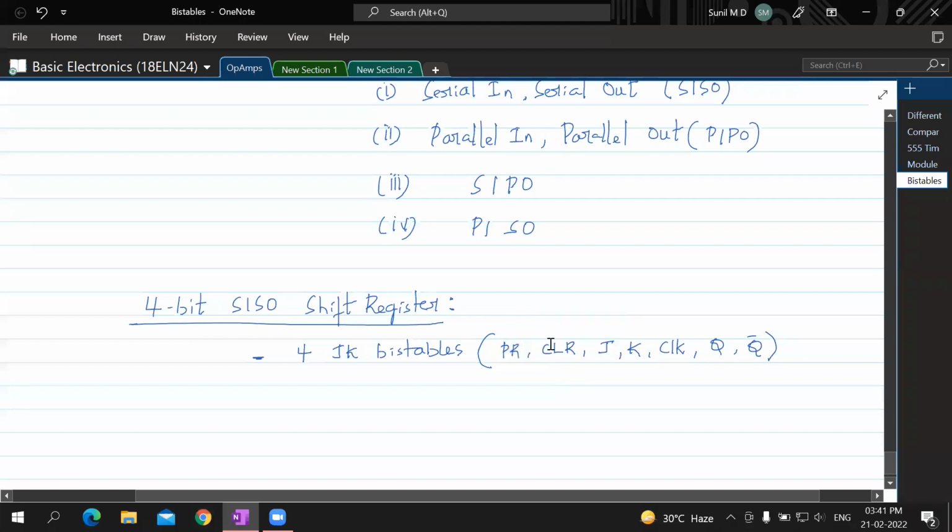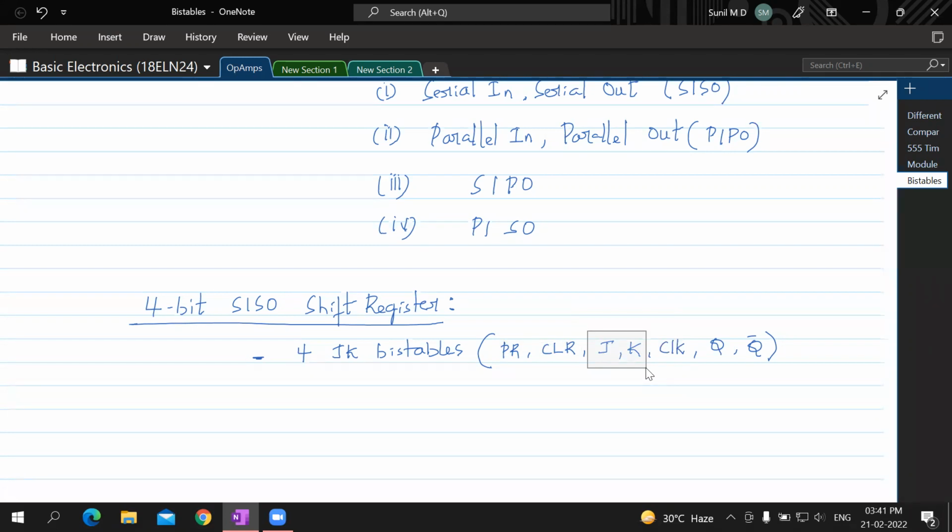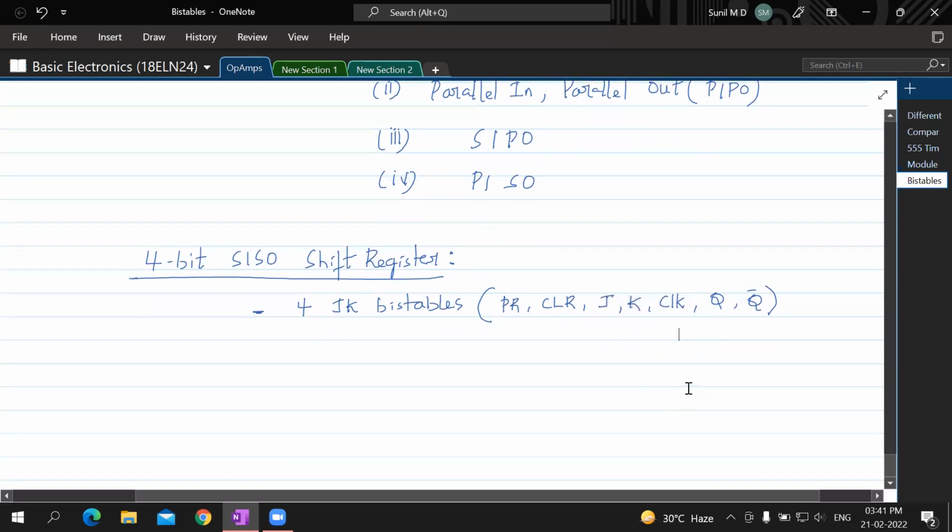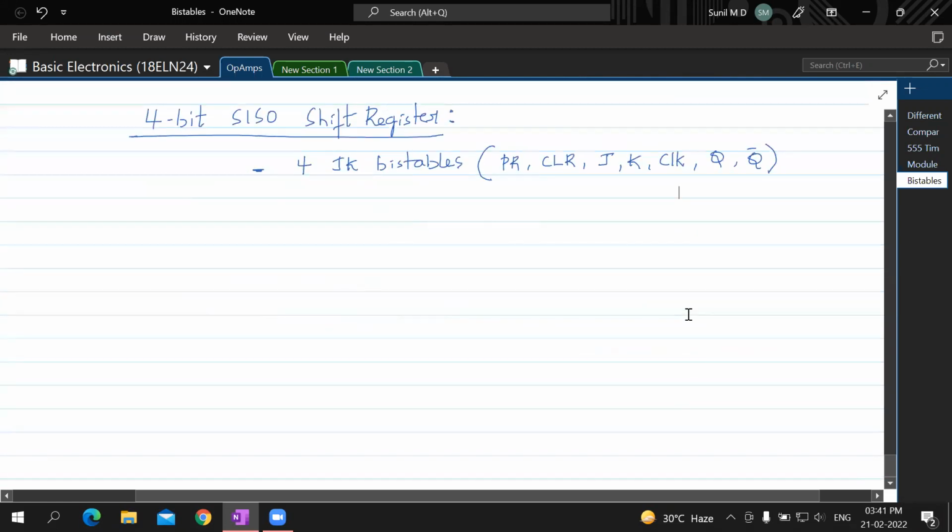Preset. CLR is clear. When preset and CLR are 1, then the clock gets activated. So when the clock gets activated, it will look at JK. If JK is 00, Q is not changed. If JK is 01, Q is 0. If JK is 10, Q is 1. If JK is 11, Q toggles. Fine. So that is what we have as a prerequisite to understand the functionality of this.